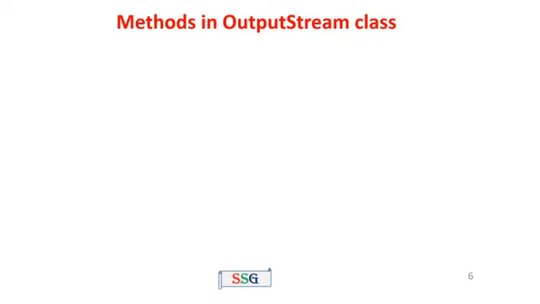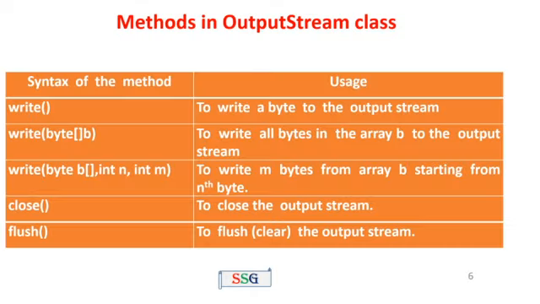The next, methods in output stream classes. Some of the methods are available for output stream classes to write the content into the file. First one, write, to write a byte to the output stream. That means the write command writes only one byte to the output stream. Write byte array b, to write all the bytes in the array b to the output stream.